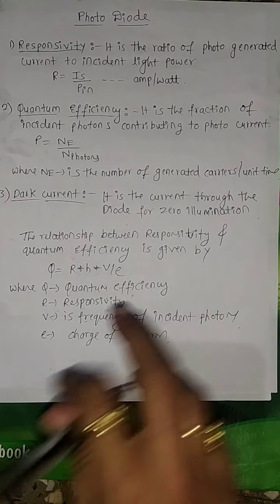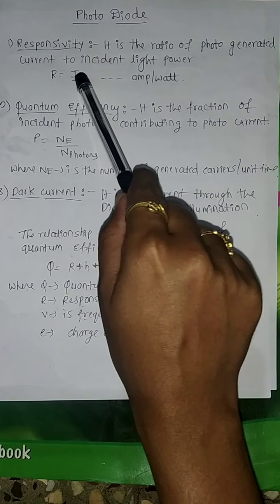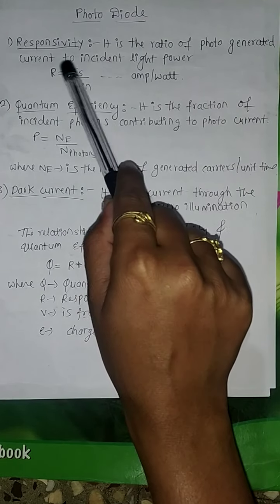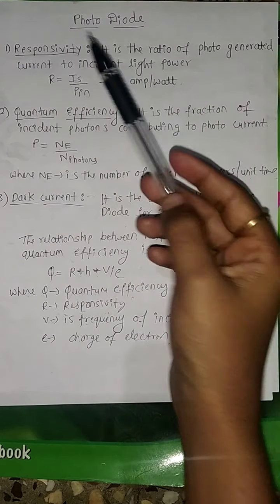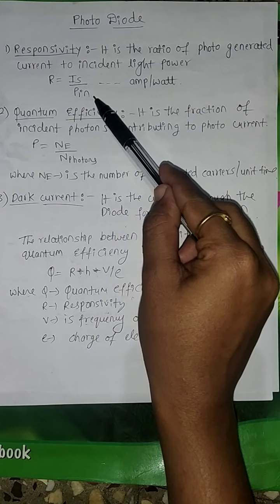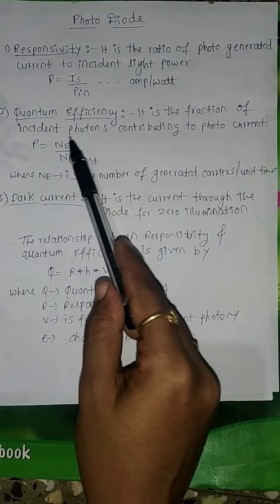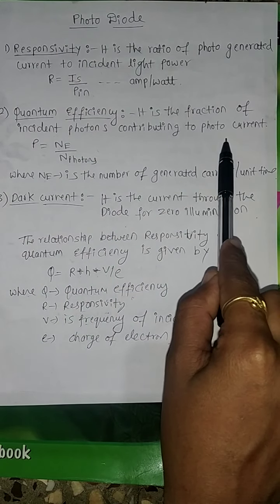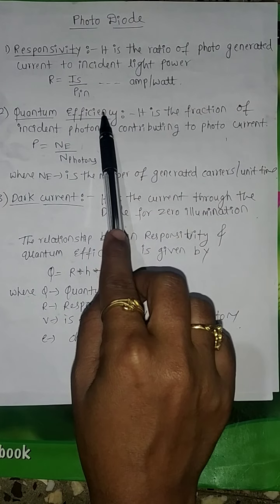So when they ask responsivity, see the equation: Is divided by Pin. Is is the photo generated current, Pin is the power of the incident light. The ratio of how much current is generated due to the power of the incident light is called responsivity, and out of the incident photons how much current is generated, that ratio is called quantum efficiency.